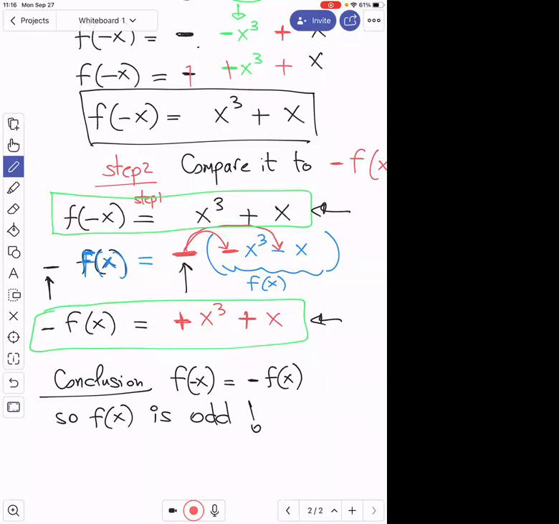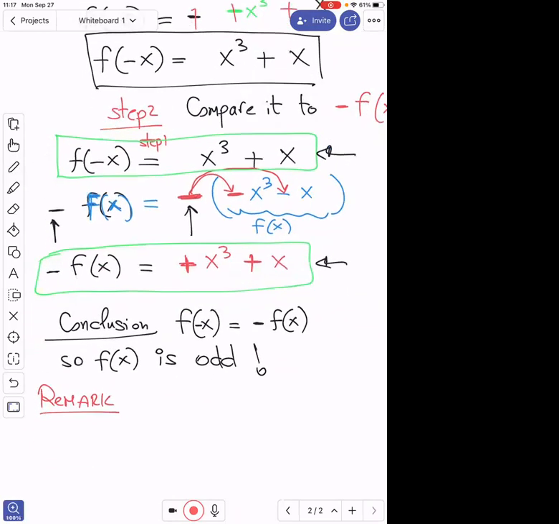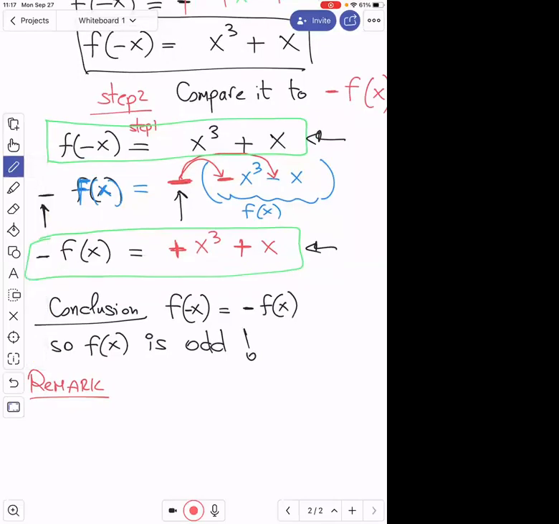And as I said, you can do the same thing for even functions. If you want to check your answer, all you have to do is check the powers. As you can see in this example, the powers of x in my function f are all odd, right? My function f was minus x cubed minus x. Here the power is 3, that's odd.